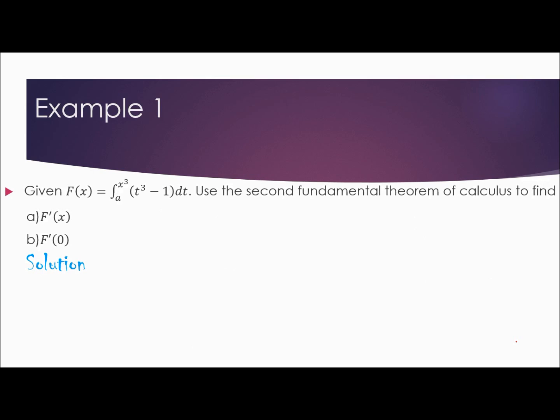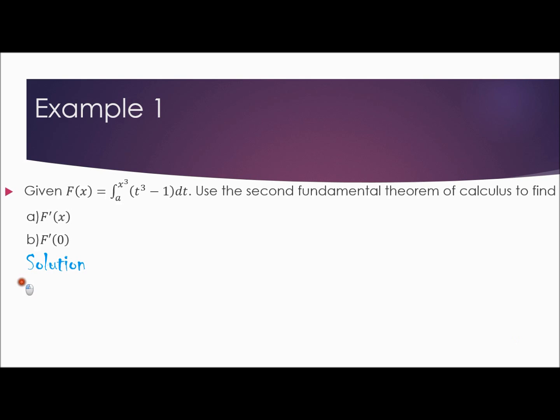Okay, let's look at example 1. We are given the function F(x) equal to the integral from a to x cubed of f(t) = t cubed minus 1 dt. Use the second fundamental theorem of calculus to find F'(x) and F'(0).